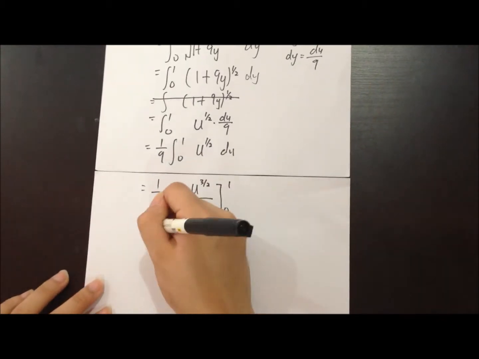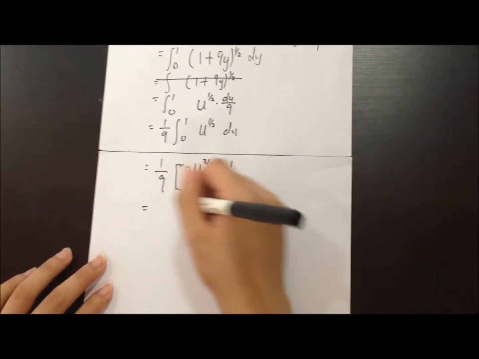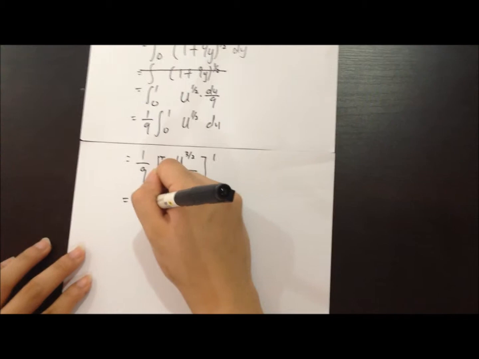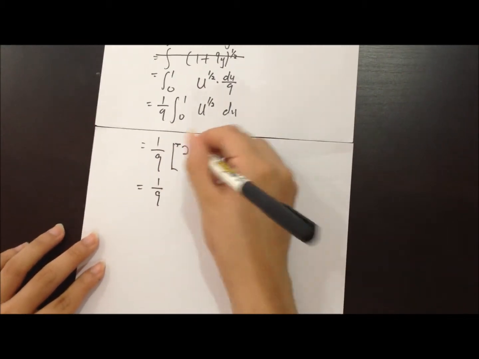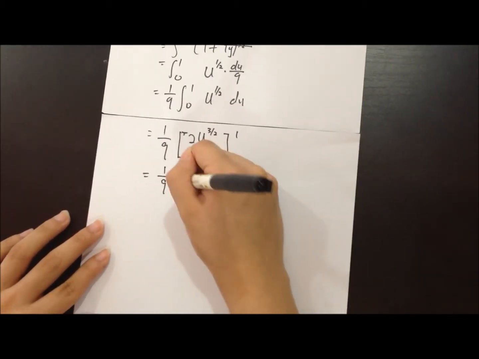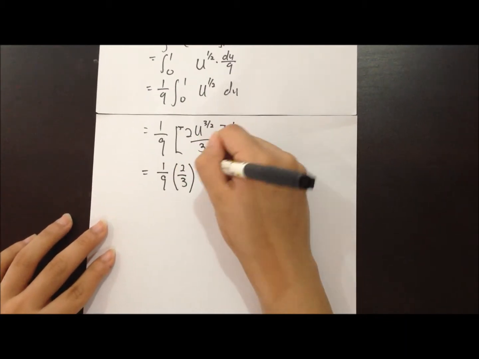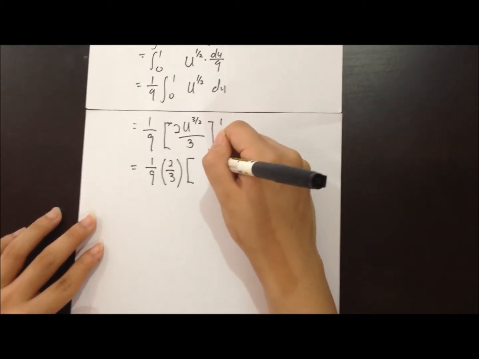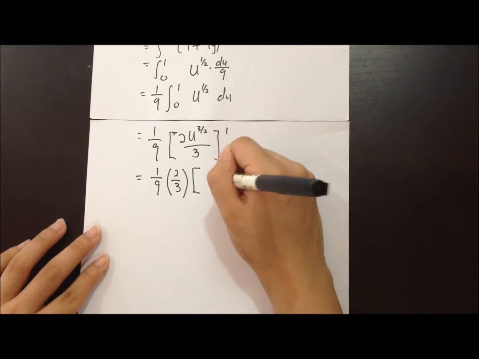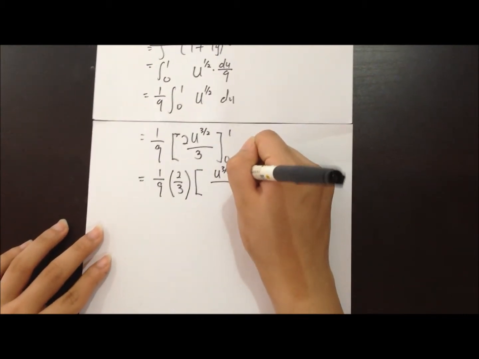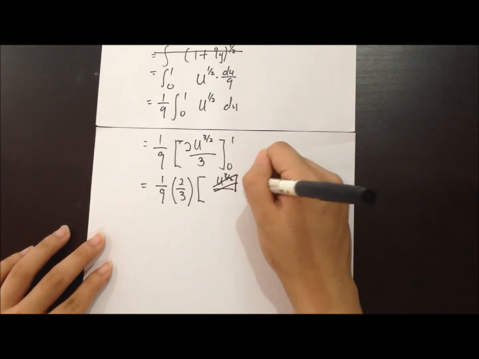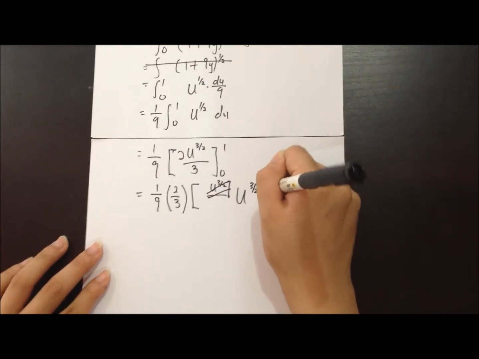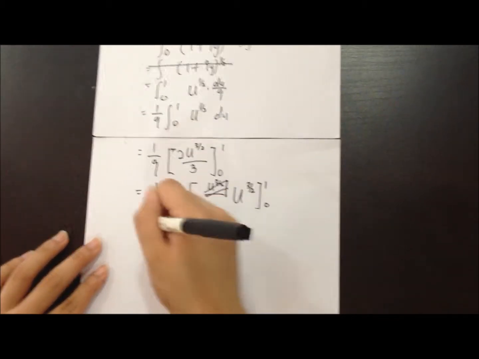After that, we want to simplify it and put the u inside again. So the 2 over 3 can be taken away. Then it will become u over 3 over 2, between 1 and 0.